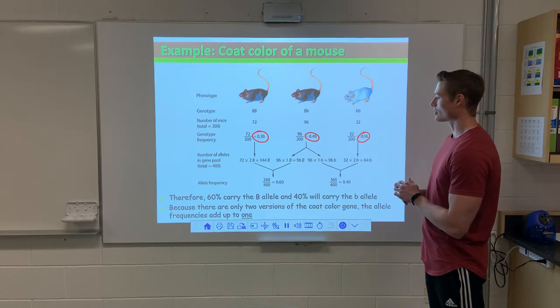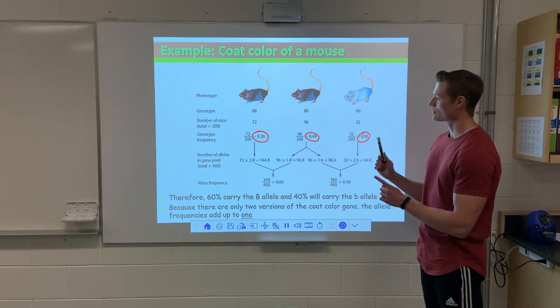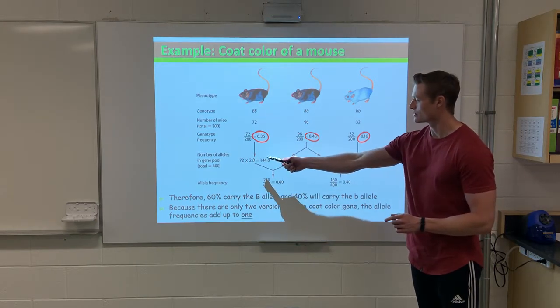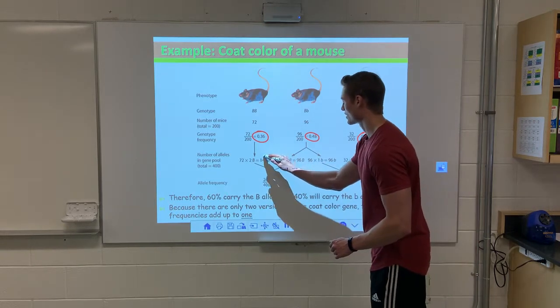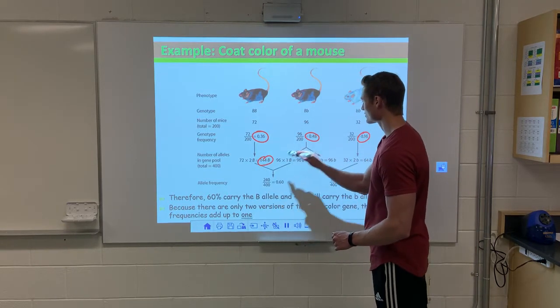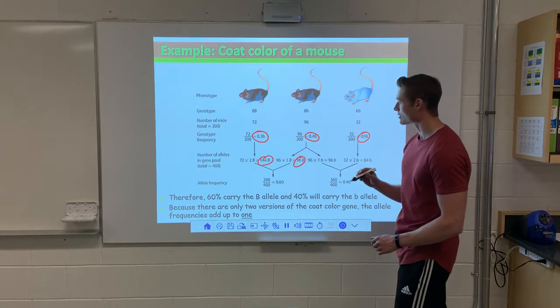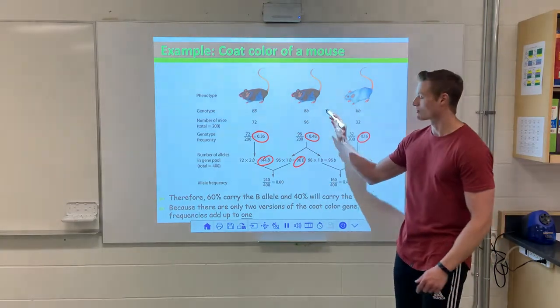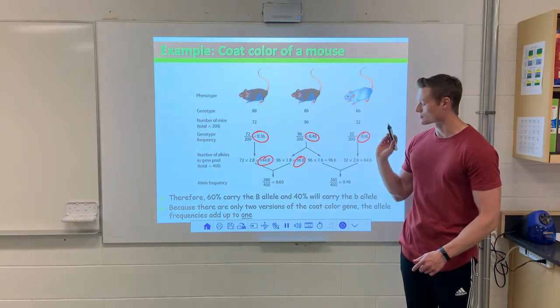Then if we look at our allele frequency, we can notice that, okay, if you're homozygous dominant, you have two copies of the big B allele, so 72 times 2, that means there's a total of 144 big B alleles. Also, we need to factor in the 96 that are part of our hybrids, because when we look at a hybrid, one allele is dominant and one allele is recessive.